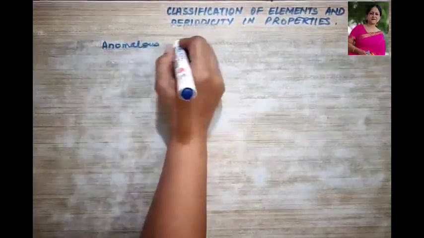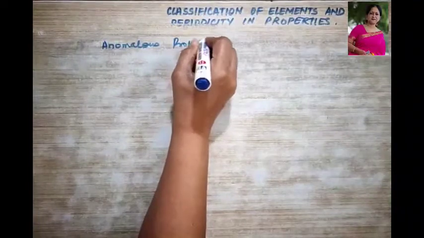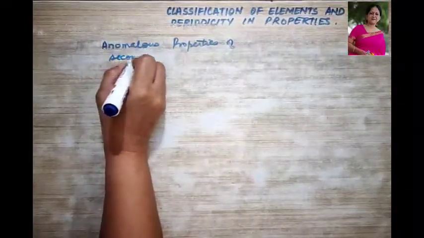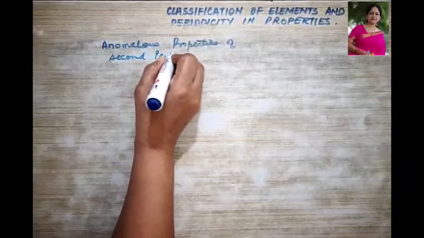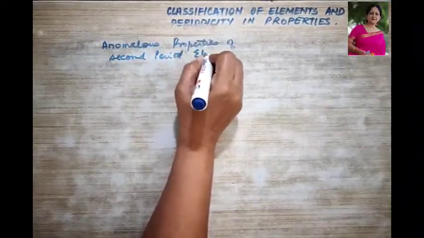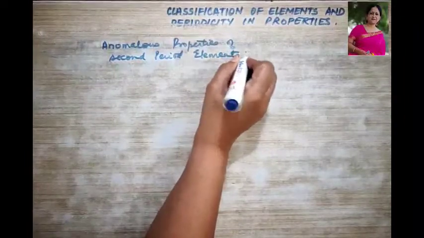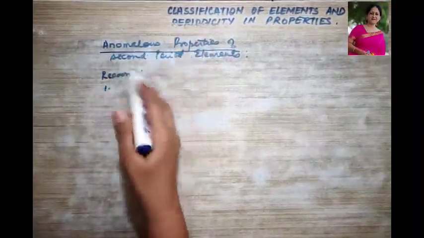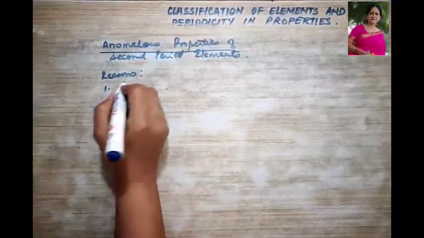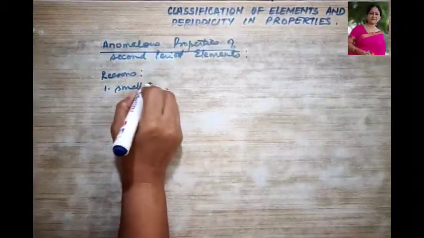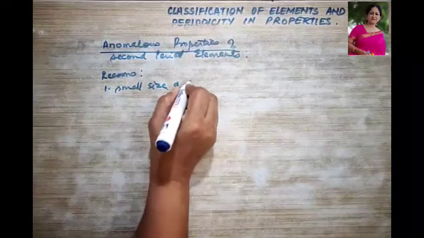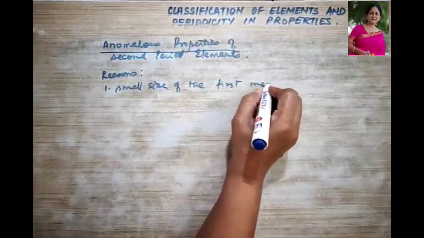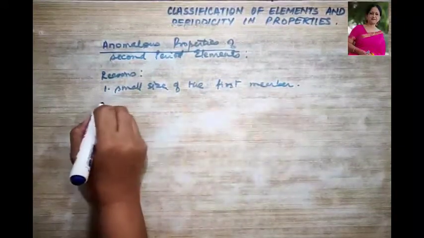Let us discuss some anomalous properties of second period elements. Okay. So what are the reasons for the anomalous properties? Firstly, the small size of the first member. This is one reason.